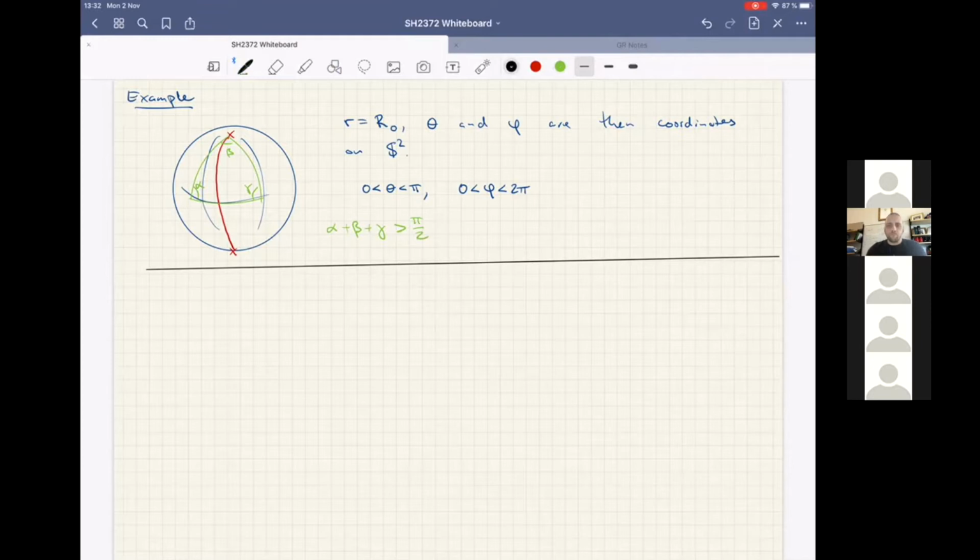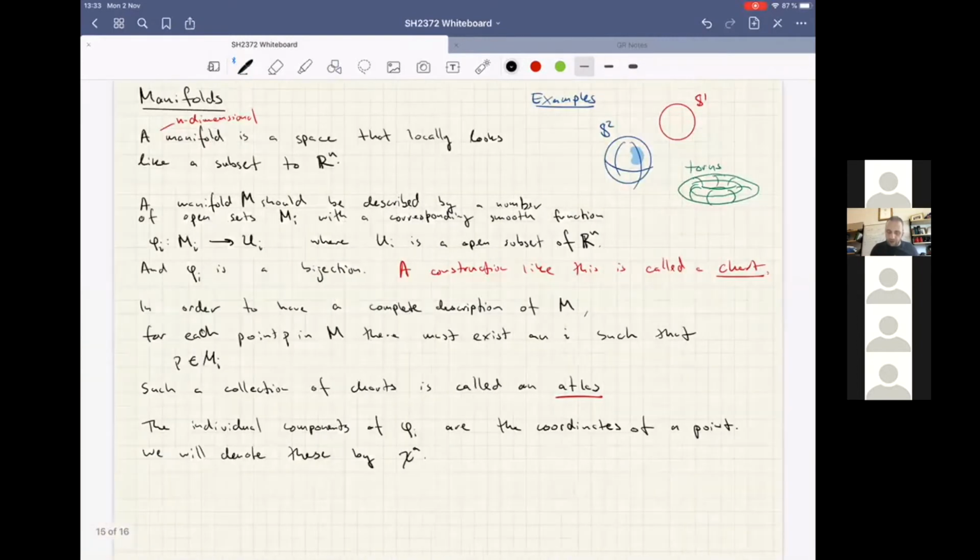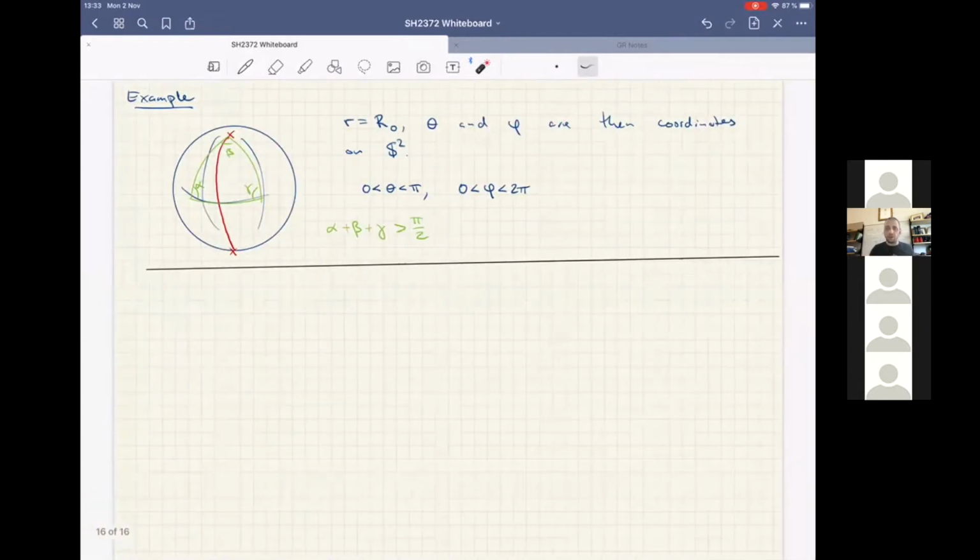Also note that a manifold in general, such as this sphere or the circle or the torus, is in general not going to be an affine space. If we remember what we talked about last time, an affine space is somewhere where you can define an origin, and then you define a translation vector as the position vector, and that would uniquely describe a point in that space.